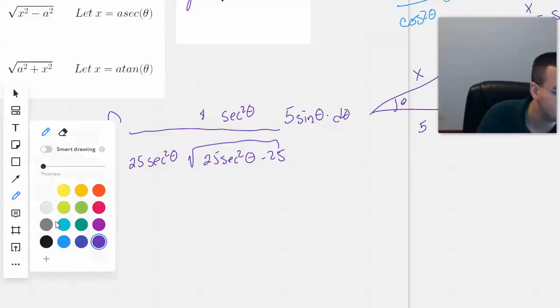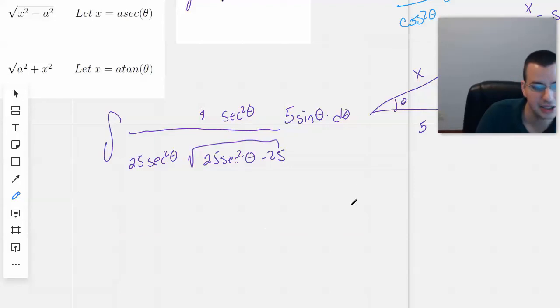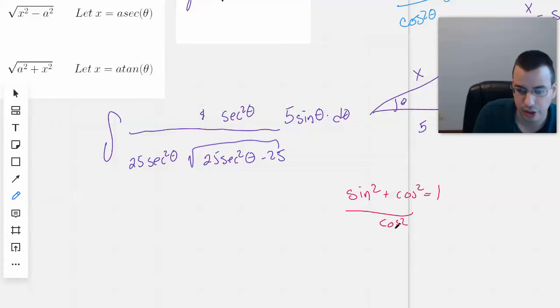So first thing I'm going to look at is, we know from the Pythagorean theorem, sine squared plus cosine squared equals 1. We divide everything by cosine squared, then we get tangent squared plus 1 equals secant squared.